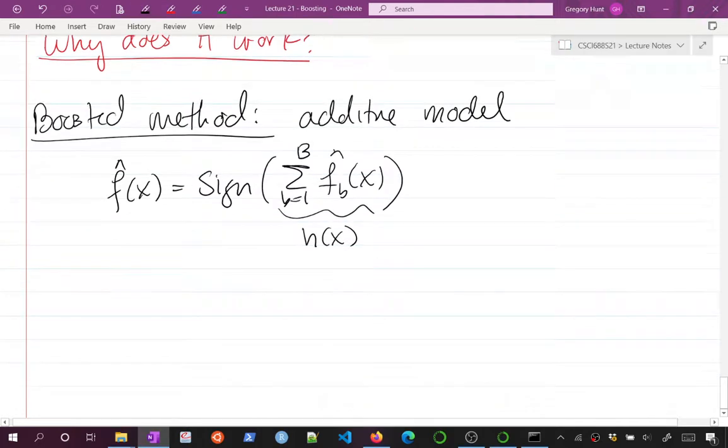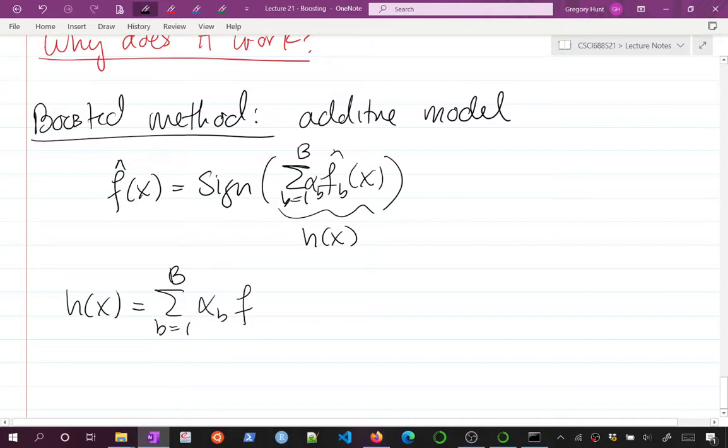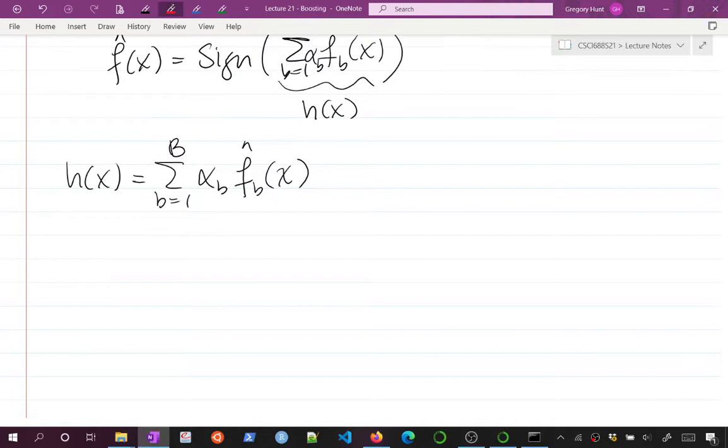So h of x, which is really the crux of the algorithm, is this additive method. It's a sum of a bunch of fb's, whoops, I'm missing my alpha, weighted individual methods. The individual methods are all of some class. Typically they're just stumps, one-split trees. And we could generalize to the generalized additive method.